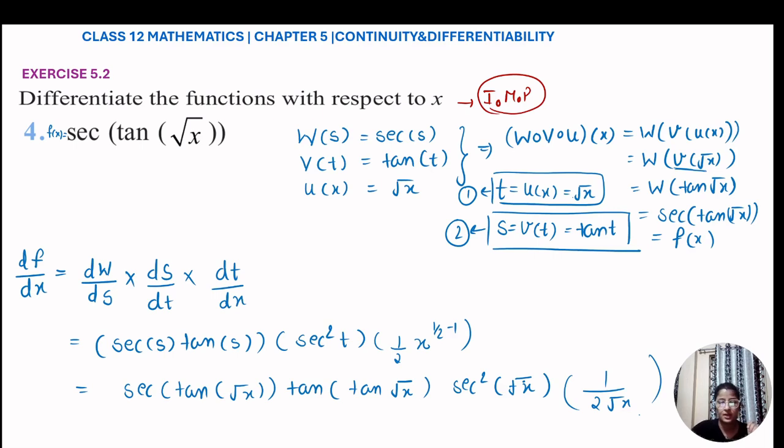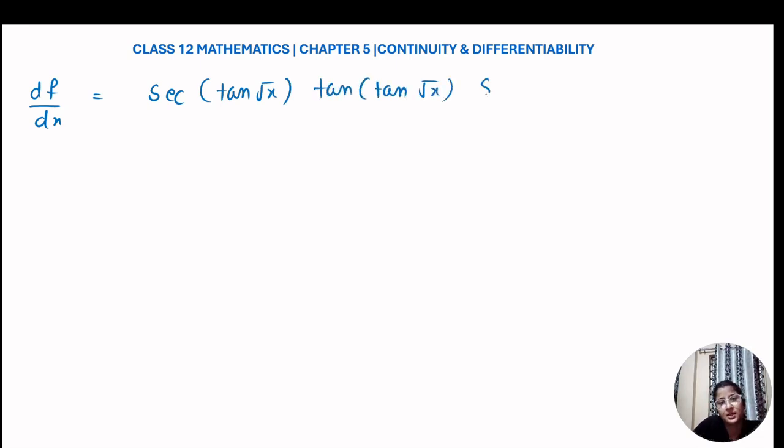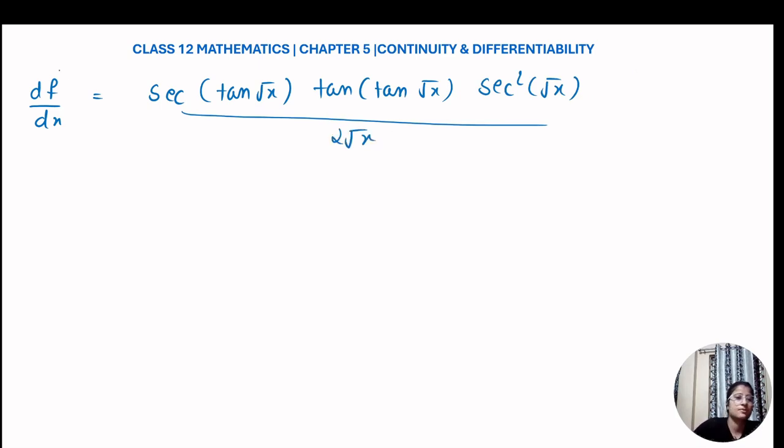So if I want to write it in the proper manner, our df by dx is nothing but sec of tan root x multiplied by tan of tan root x multiplied by sec square of root x, divided by 2 root x. So this is our df by dx.